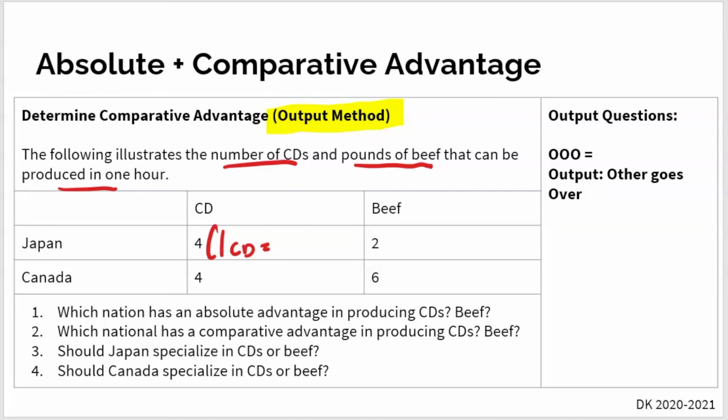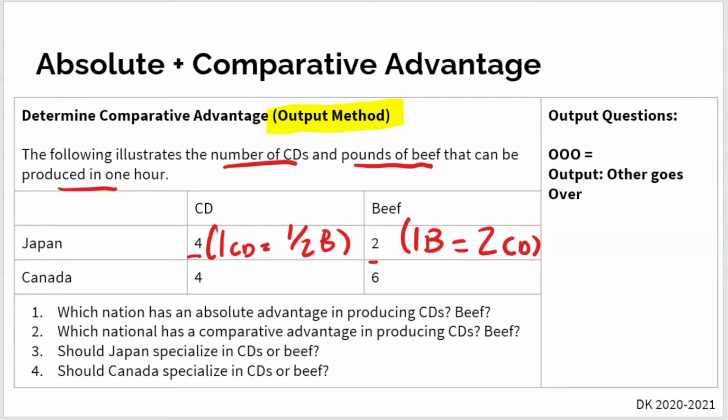Well, it's beef. So here, they can produce 4 CDs or 2 pounds of beef. Well, if the other number goes over for CDs, it's just 2 over 4, which is 1/2 of beef. If we're looking at beef, well, what's the other good? CDs. So the 4 goes over 2, which equals 2 CDs.